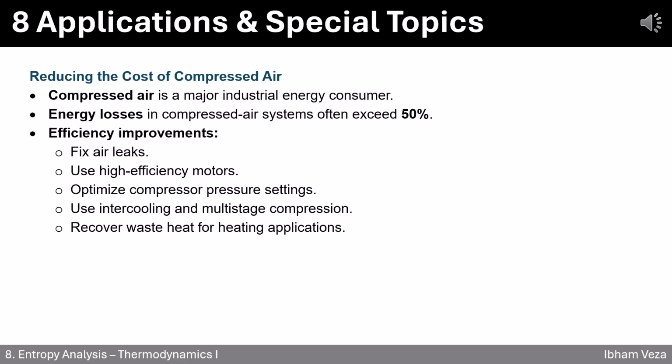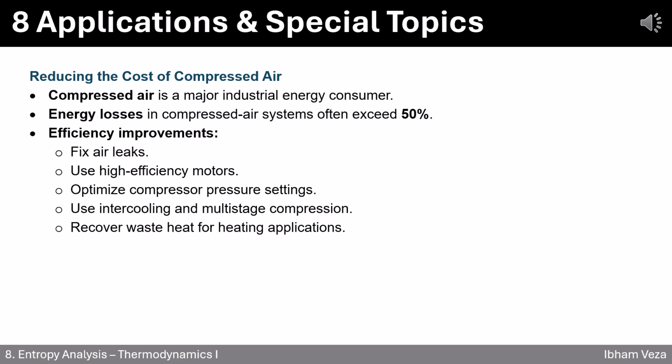First, fix air leaks. Even small leaks can drain a lot of energy. Then, use high-efficiency motors to reduce electrical consumption. Another quick win is to optimize compressor pressure settings, because higher pressures mean more work and more energy waste if not needed. We can also use intercooling and multi-stage compression to reduce work input by cooling air between stages.